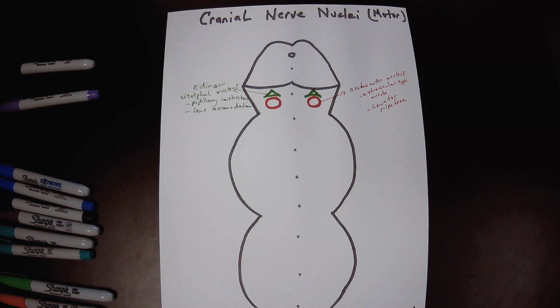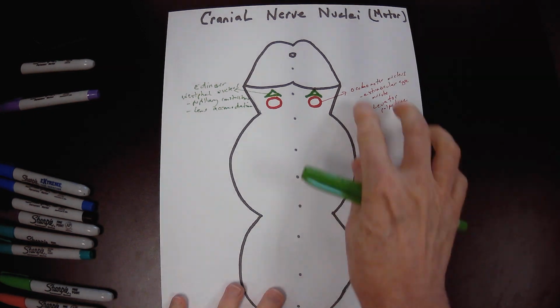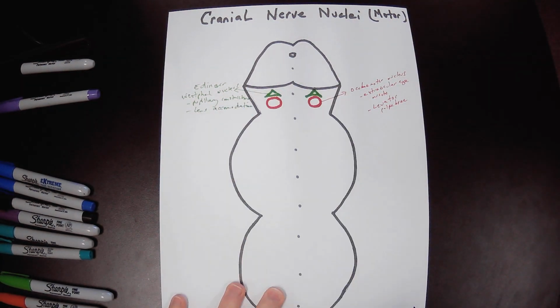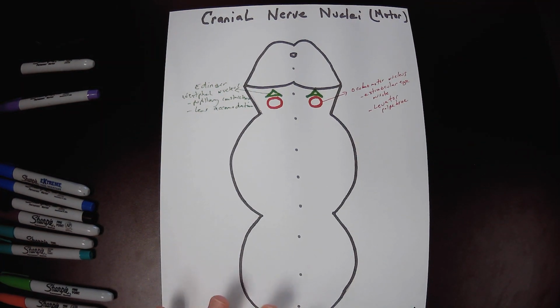And these are all the motor nuclei in the brainstem. Oculomotor nucleus and Edinger-Westphal are closely associated, both in the midbrain. That's cranial nerve number 3.